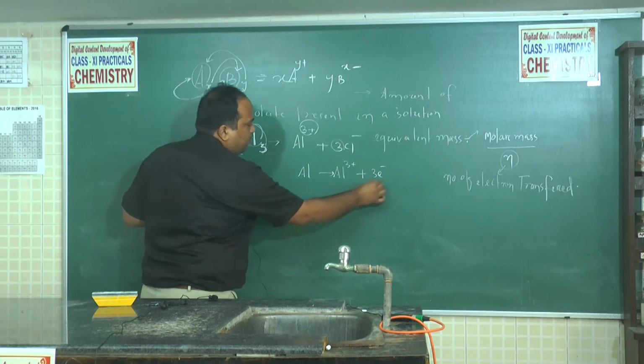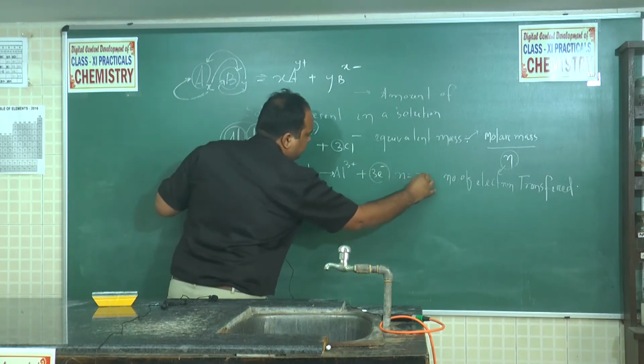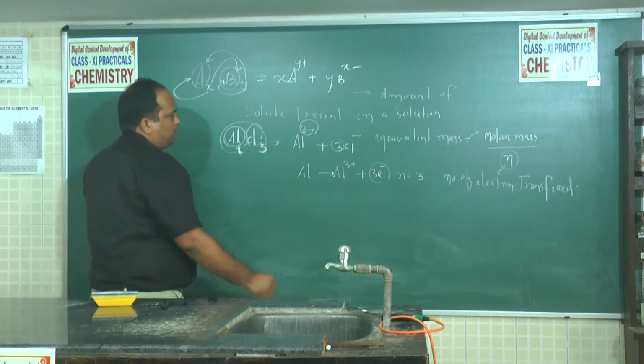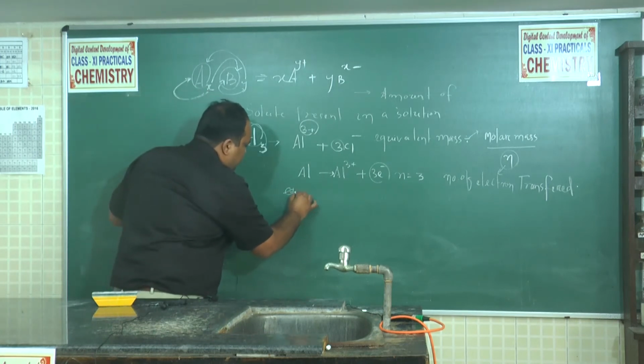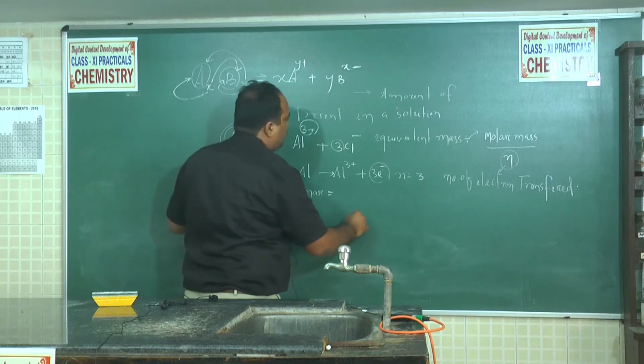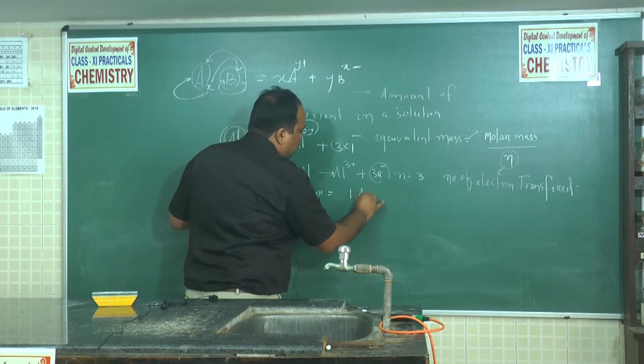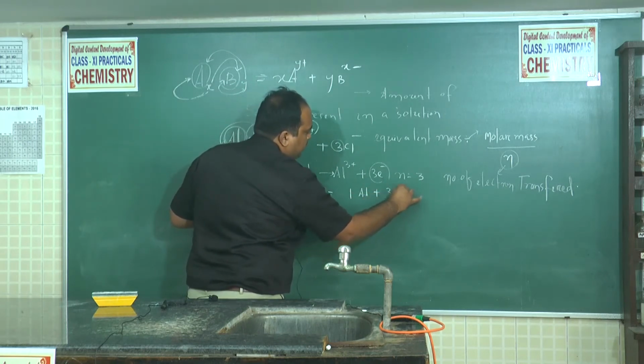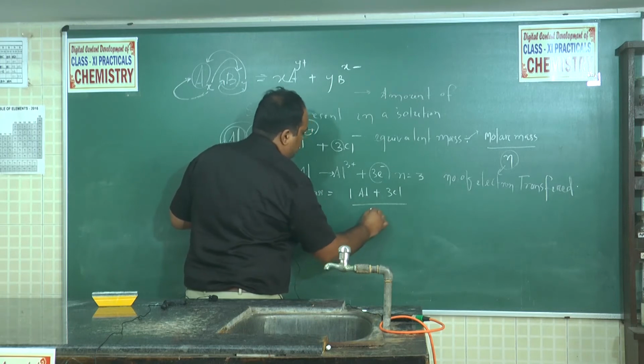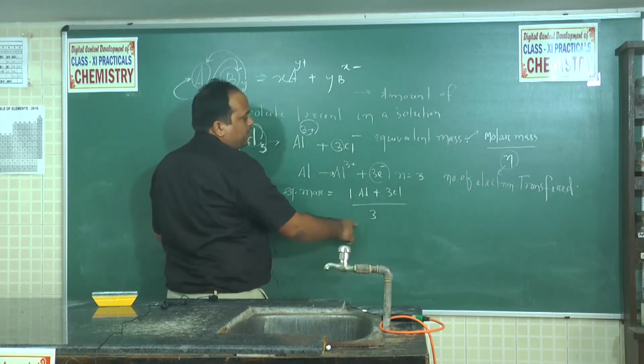So N is 3. Now, what is the equivalent mass? Molar mass: 1 aluminium mass plus 3 chlorine mass, divided by 3.